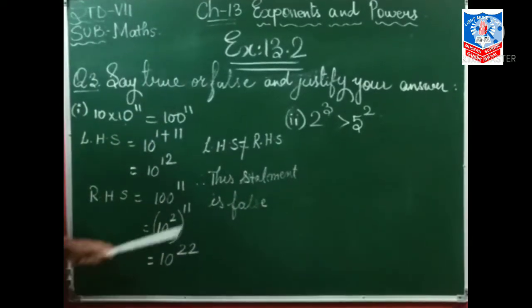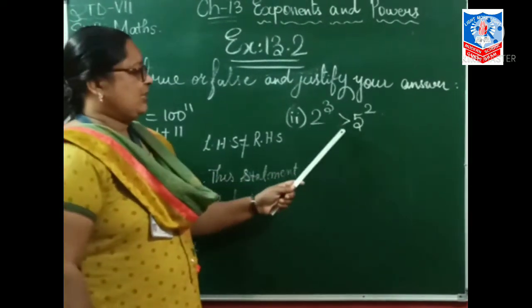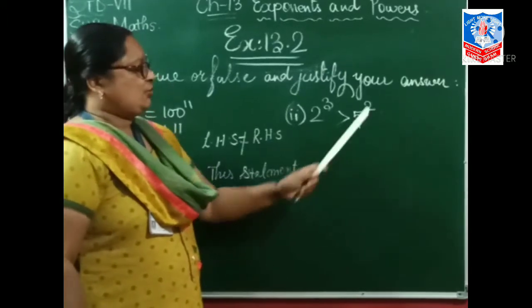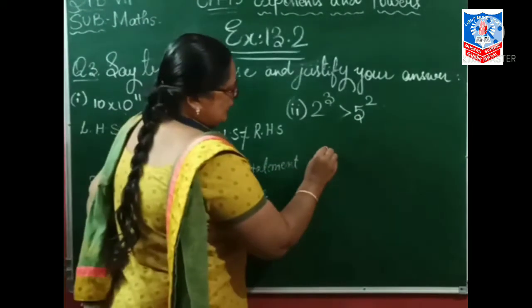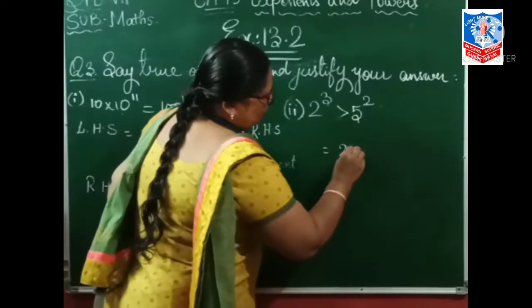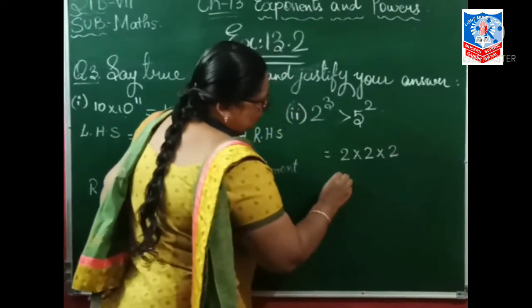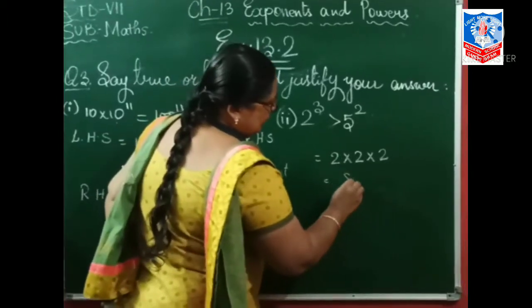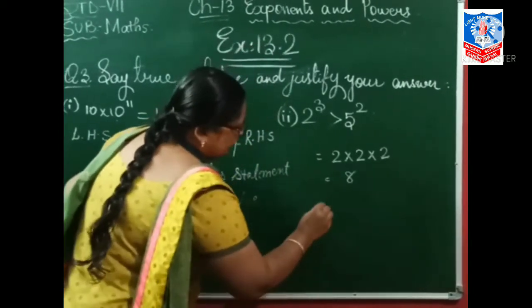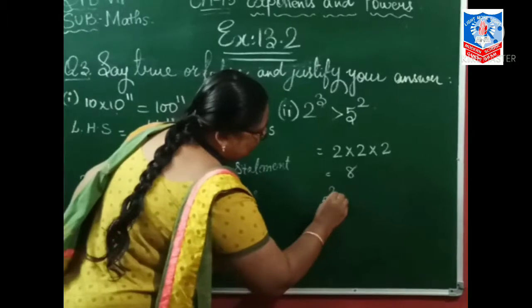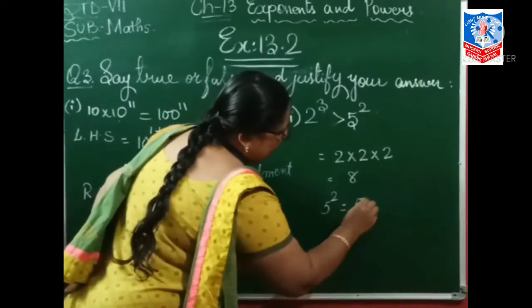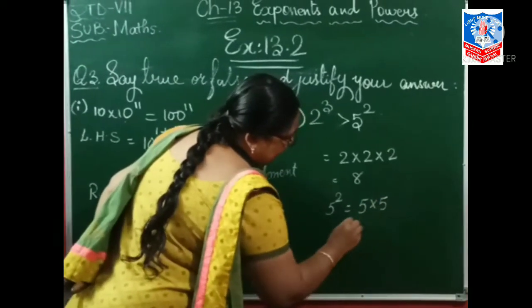Next sum. 2 raised to the power 3 is greater than 5 raised to the power 2. Now see, 2 raised to the power 3 is 2 into 2 into 2. 2 2s are 4, 4 2s are 8. Next, 5 raised to the power 2 is equal to 5 into 5. That is 25.